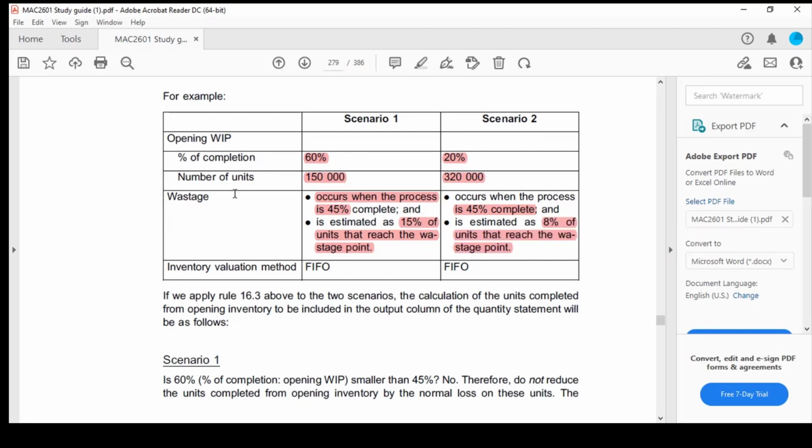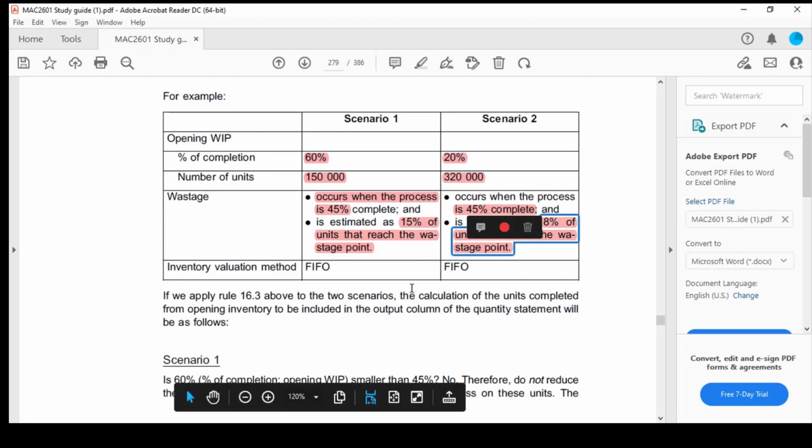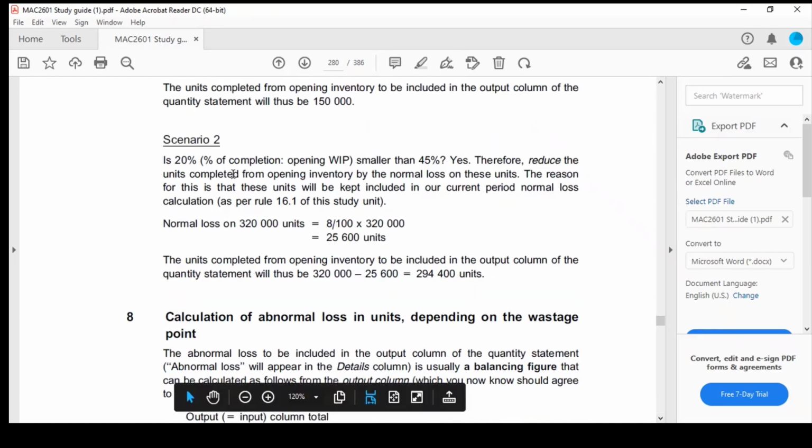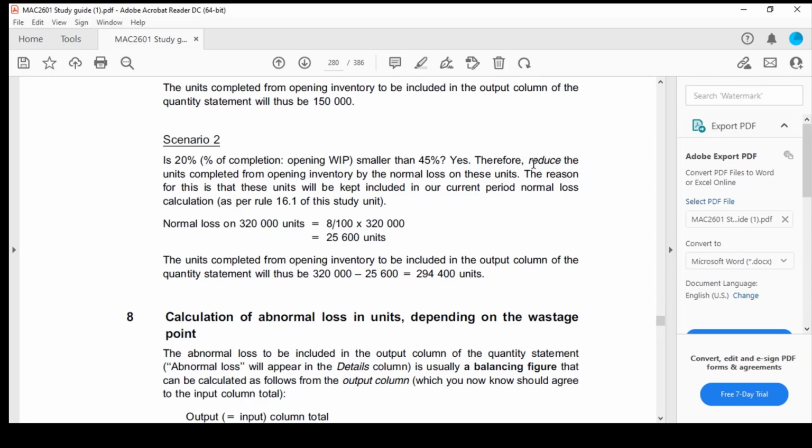In this instance, your opening WIP is before the wastage point, meaning it will be subject to the loss. So this is how you deal with it. You say, is the 20% smaller than the 45%? Yes. Therefore, under first in, first out, I need to reduce my opening inventory with this normal loss.